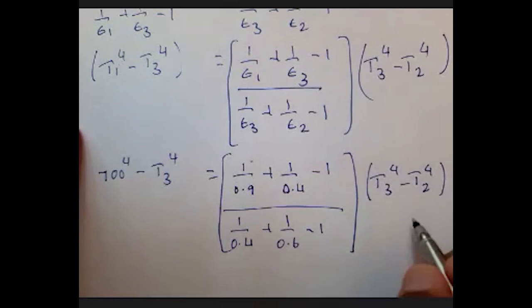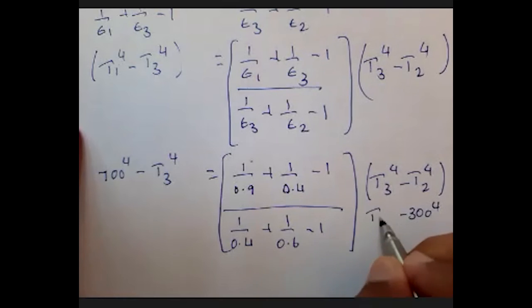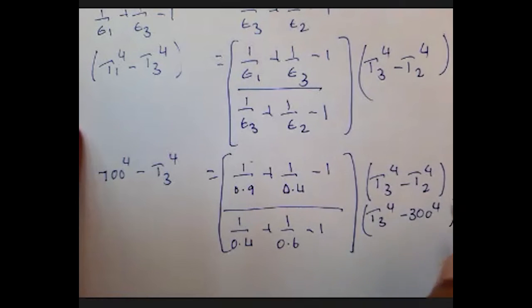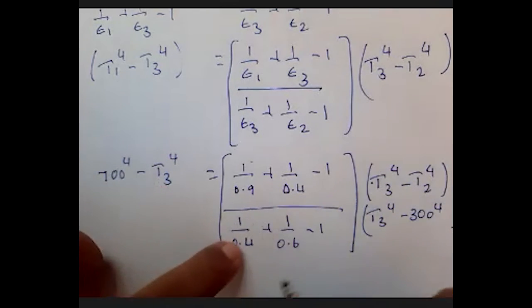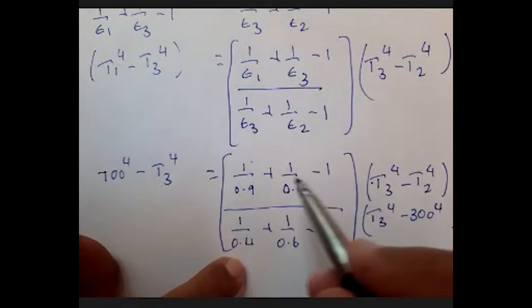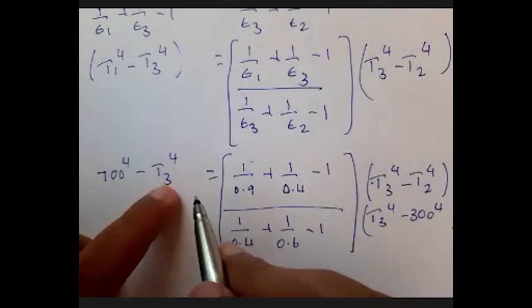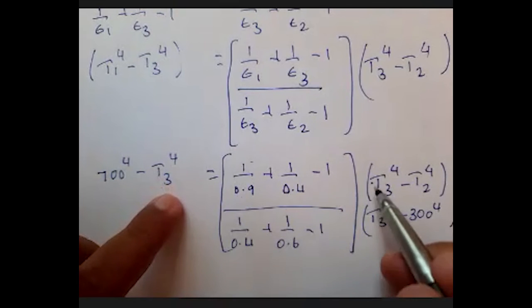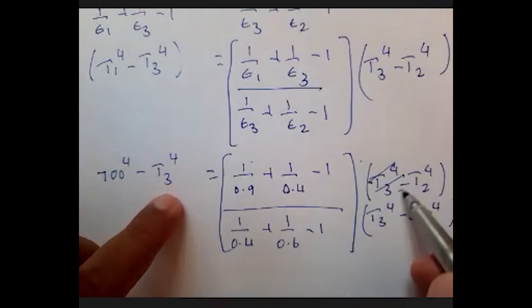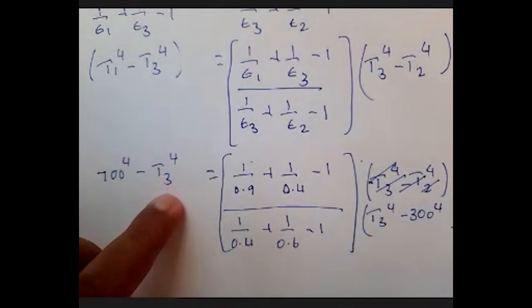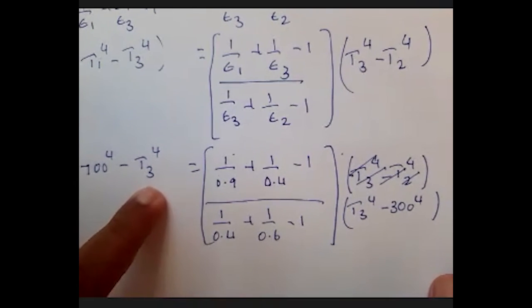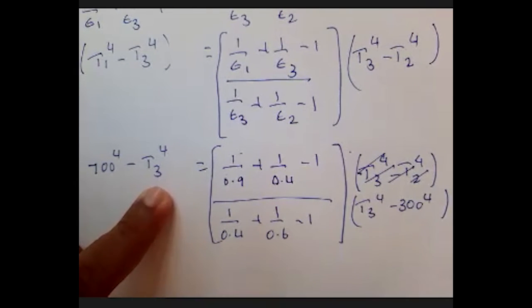Again, I know T2, it is 300 Kelvin. So 300 raised to 4 minus T3 raised to 4 multiplied by this. I get some value from this square bracket. The only unknown in this whole equation is T3.